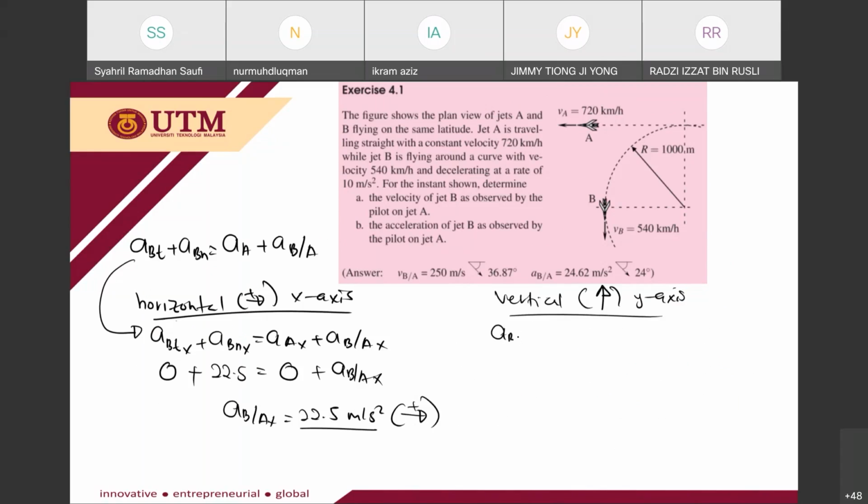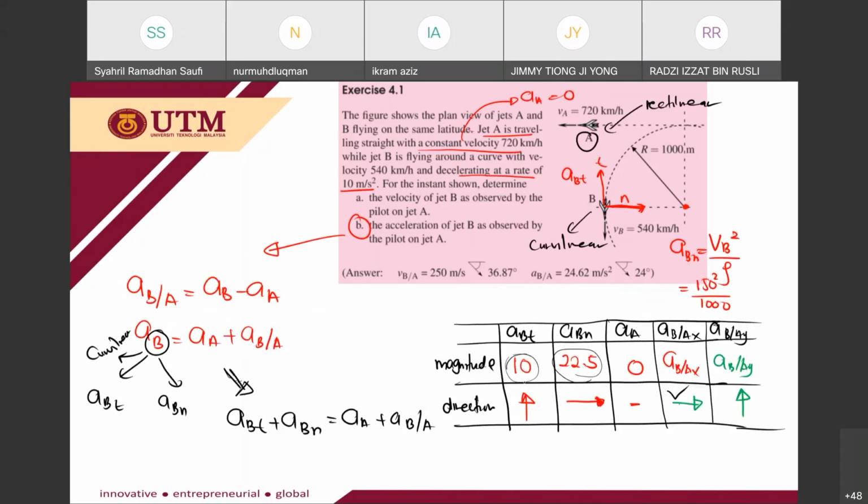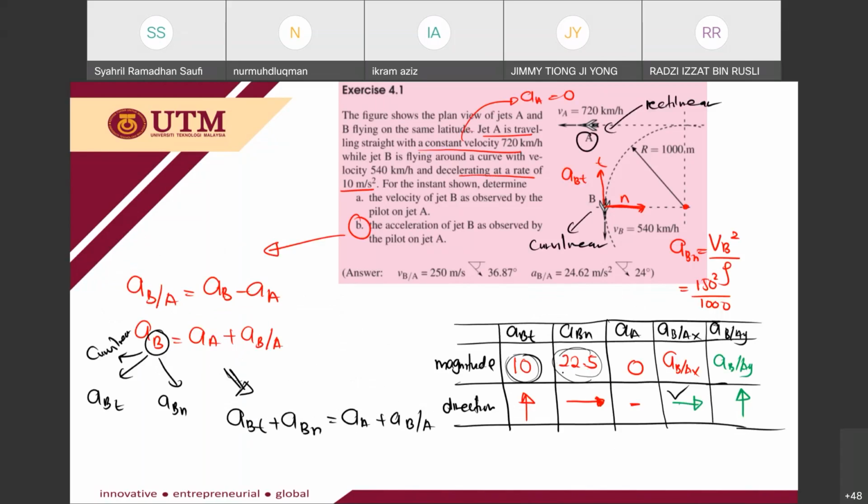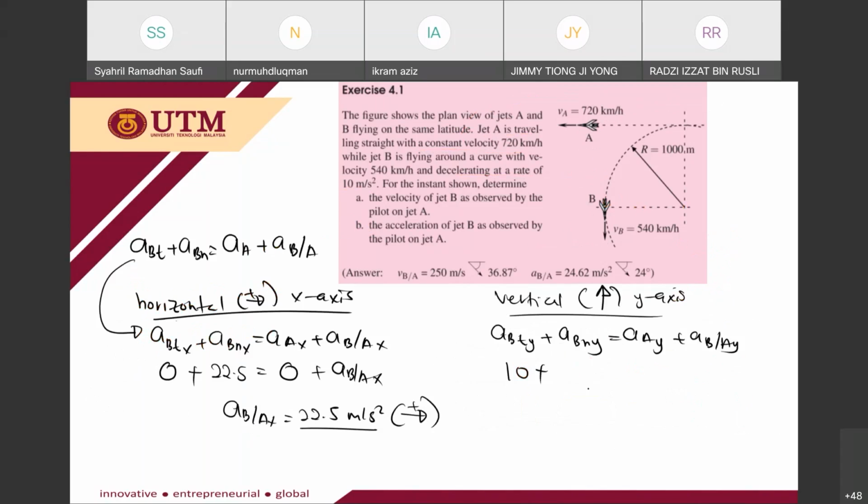Acceleration of B tangent y plus acceleration of B normal y equals acceleration of A y plus acceleration of B relative to A y. So acceleration of B tangent is upward 10, plus acceleration of B normal, which is always on the horizontal component, so 0. Acceleration of A is actually 0, and then you have acceleration of B relative to A y.